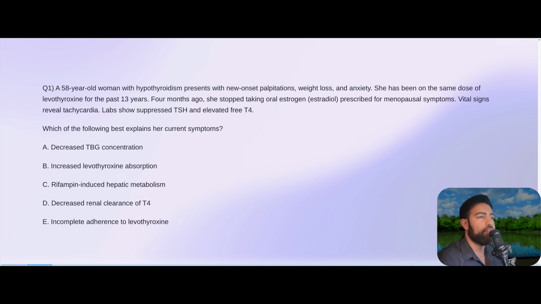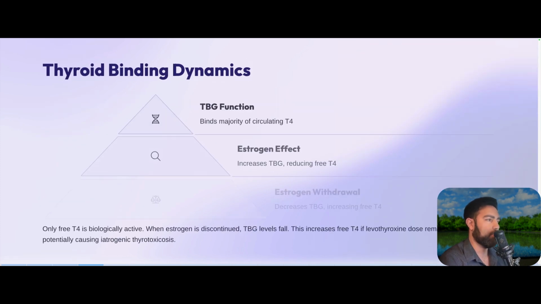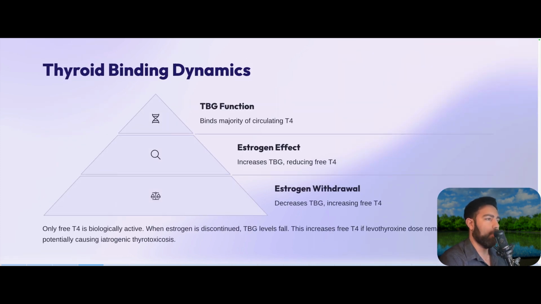Okay, so this is a very, very important educational objective on the boards, and this is about the effect of hormones on thyroid binding globulin. So basically the only thing that changed in this patient's medication history was that she stopped taking the estrogen and she presented with thyrotoxicosis. So you might think, what happened? Well, TBG's function is to bind the majority of the circulating T4.